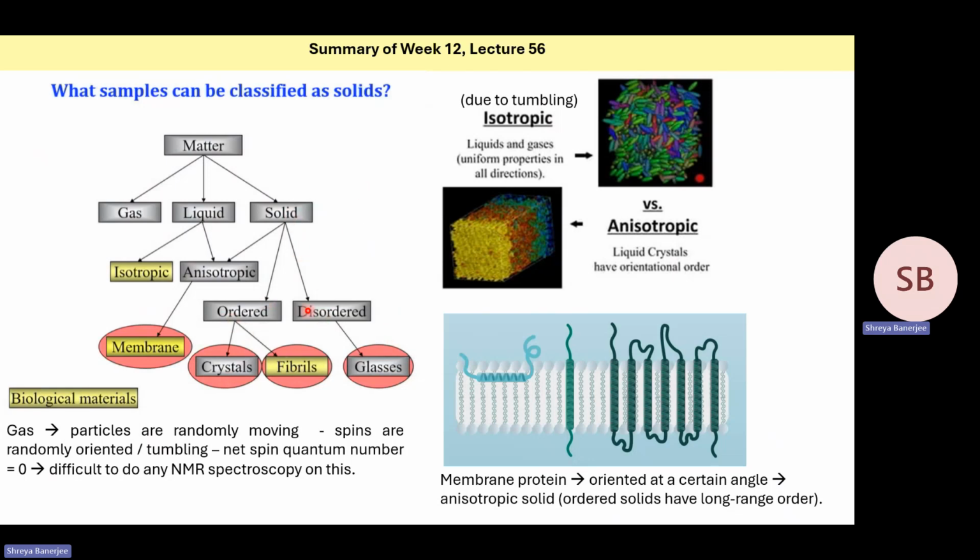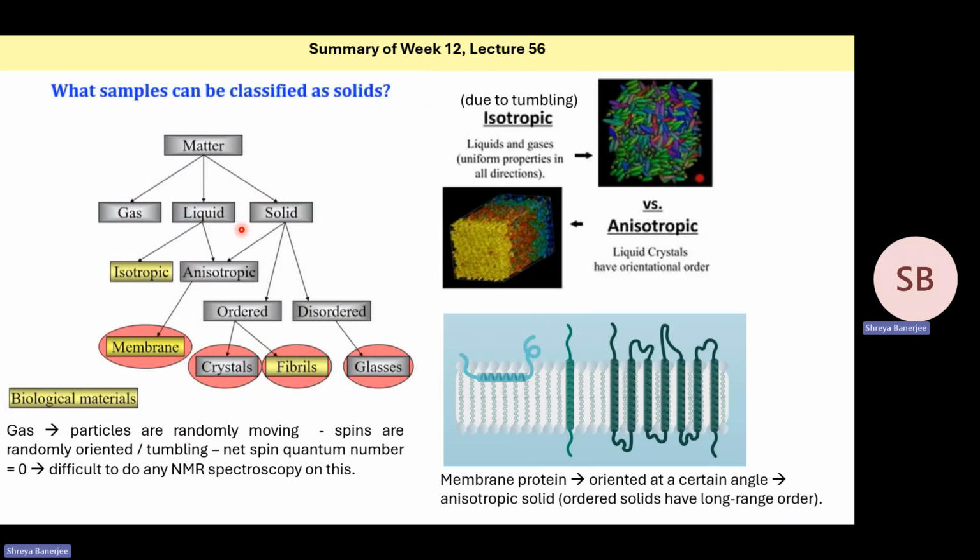And finally, you have disordered solids, where there is no order, whether short range or long range. Under disordered solids, you have glasses. Normally, what we will focus on in solid state NMR are the anisotropic solids and the ordered solids, that is, the crystals and fibrils. We won't look into disordered solids.